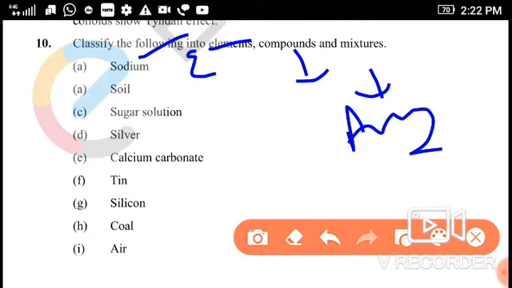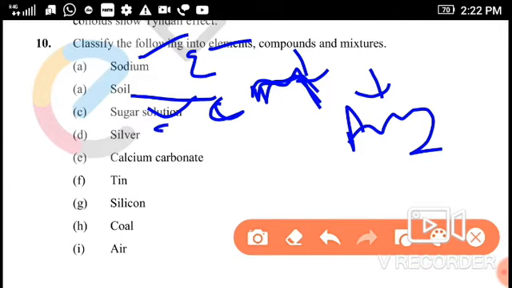Soil is a mixture because many things are mixed in any ratio. Sugar solution is a compound. Silver is an element. Calcium carbonate is a compound. Tin is an element. Silicon is also an element.